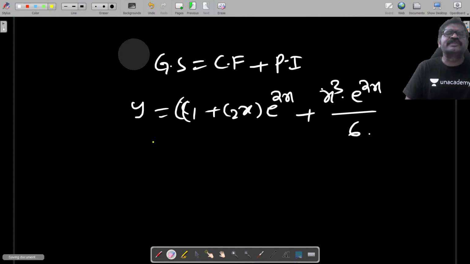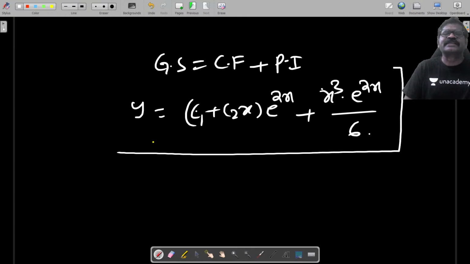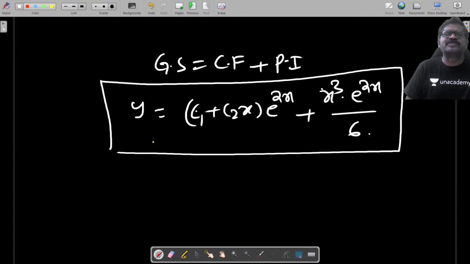(C1 plus C2 x) e power 2x plus x cube into e power 2x by 6. Understood?